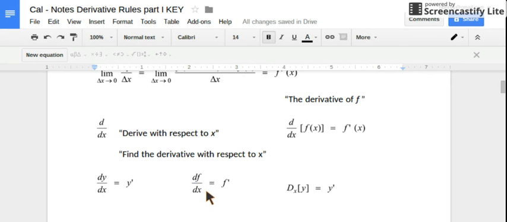It doesn't matter. And then this lesser used notation also means find the derivative of the function y with respect to x. We won't see this notation very much. We will much more see apostrophes used, or this quotient right here.